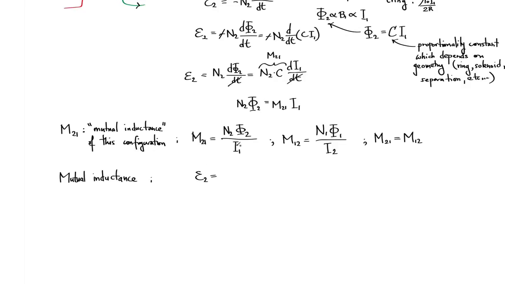So basically E2, and I'll just call this M, because M21 and M12 are the same. So E2 is going to be minus M di1 dt, and likewise E1 is equal to minus M di2 dt.